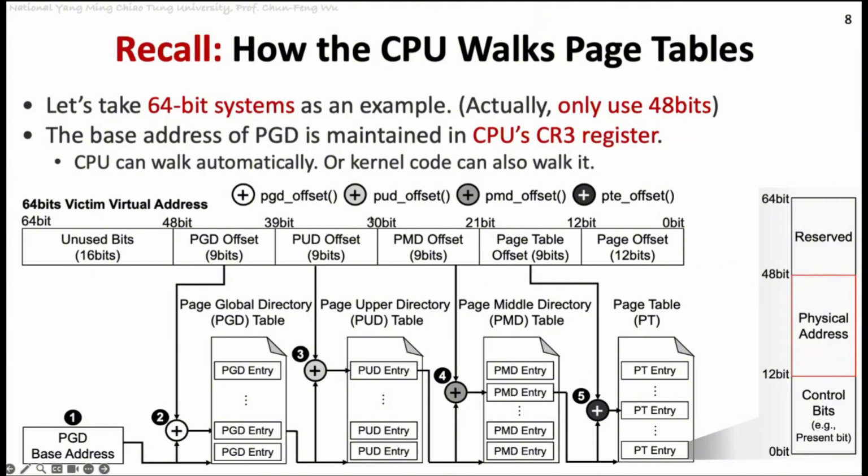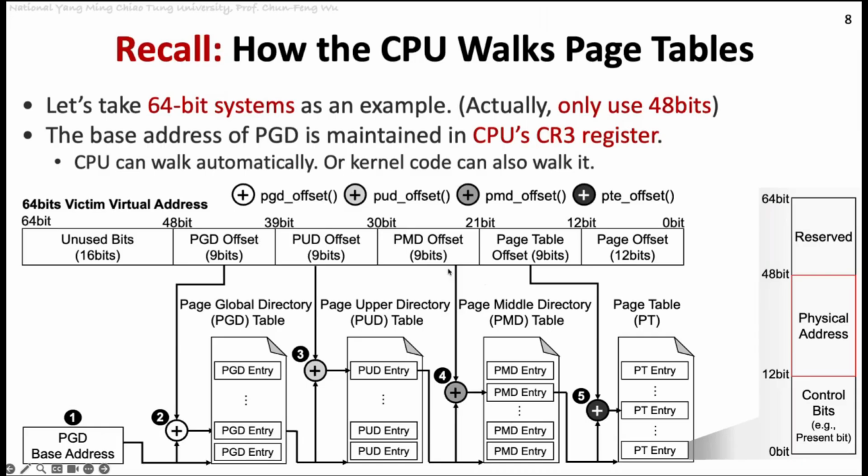Okay, so maybe you already found out something interesting. When the size of the page grows, it can reduce the number of page table walks. So one of the main goals for increasing the page size is to enjoy the benefit of fewer page table walks. Because if you are using 1 gigabyte, then you only need to walk 2 page tables, compared with 4 page tables, so you can save about half of the time.